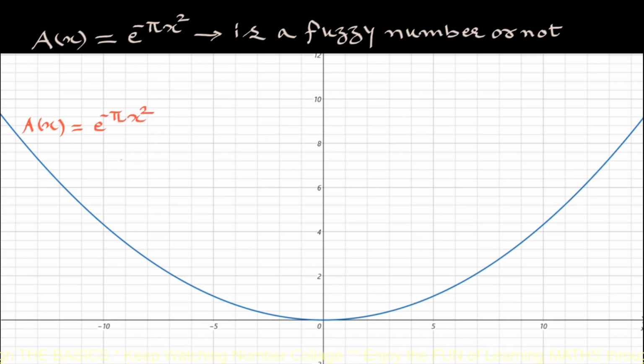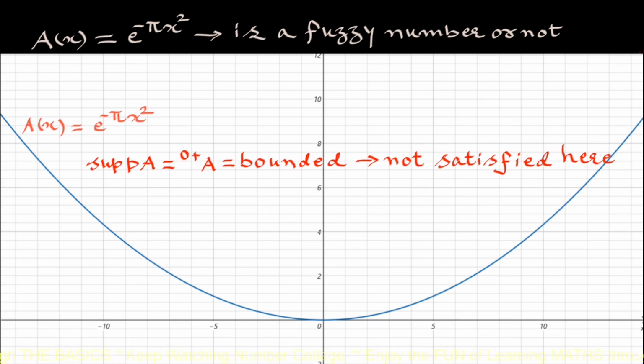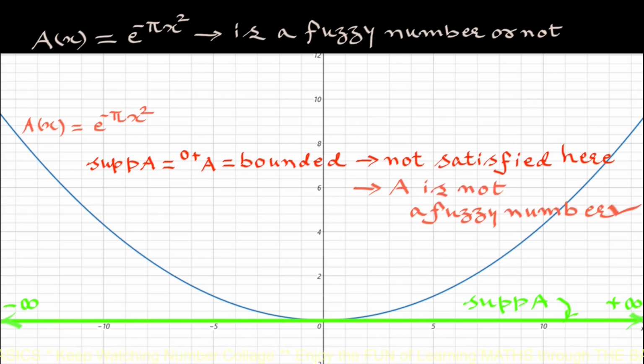We can easily visualize that among the three conditions required for a fuzzy set to be a fuzzy number, the third condition, that support A, which is strong zero cut A, should be bounded, is not satisfied here because support A, this one, is unbounded from minus infinity to plus infinity, which implies that this fuzzy set A is not a fuzzy number.